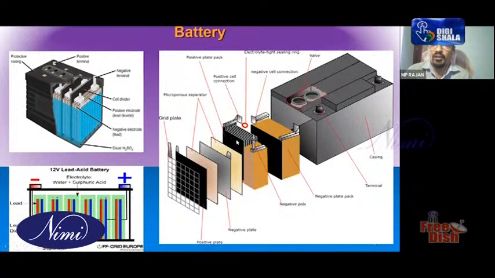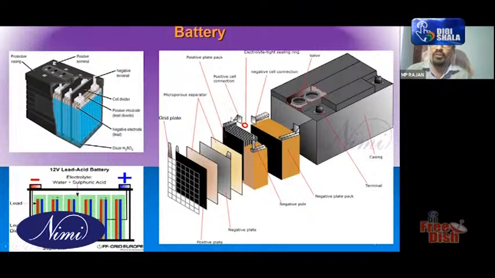This is the one cell. Inside one cell there are 7-8 positive plates, as many negative plates, and separators too, and there is a negative plate at the back. So this is the total of one cell. All the positive plates are connected together with one connector.